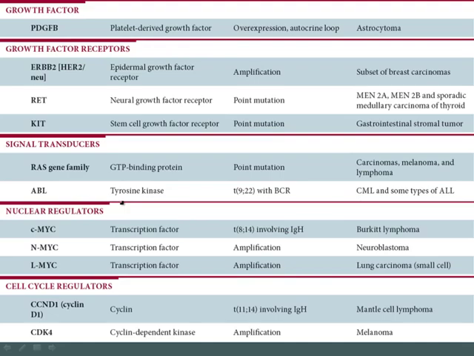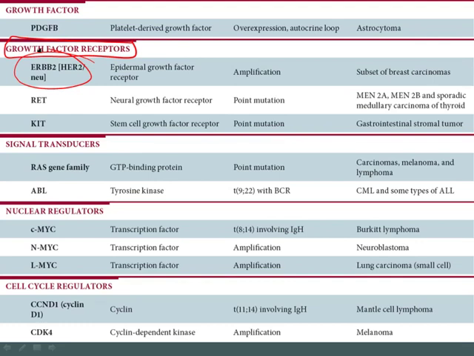Now, what are some important growth factor receptors that can become mutated, and what tumors are they associated with? One of the very high yield growth factor receptors is HER2/neu. HER2/neu is an epidermal growth factor receptor that is amplified in a subset of breast cancers. Why is this important to be familiar with? Because it ties back into pharmacology.